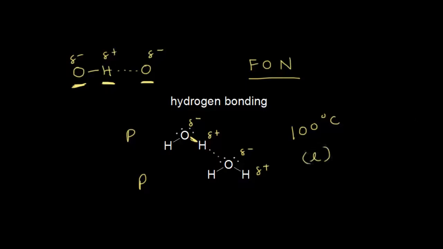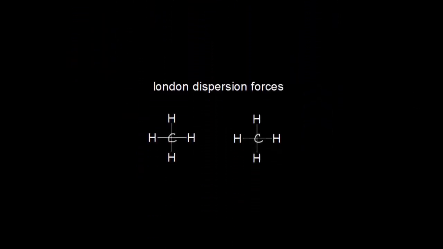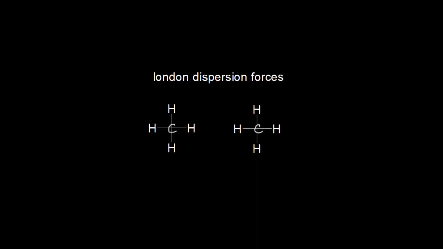All right, let's look at another intermolecular force, and this one is called London dispersion forces. These are the weakest intermolecular forces, and they have to do with the electrons that are always moving around in orbitals. And even though the methane molecule here, if we look at it, we have a carbon surrounded by 4 hydrogens for methane.